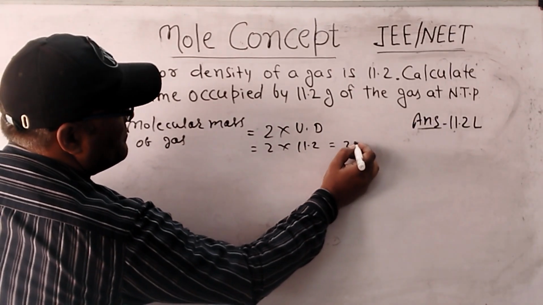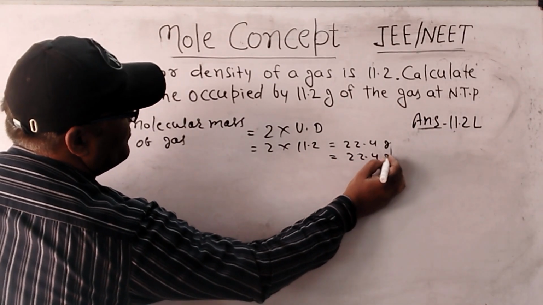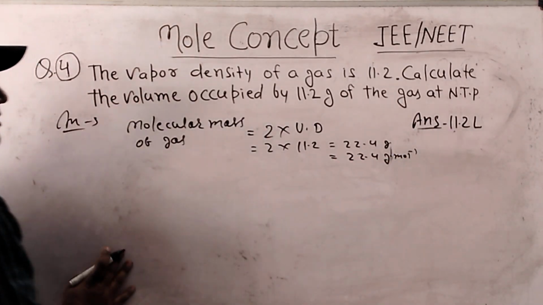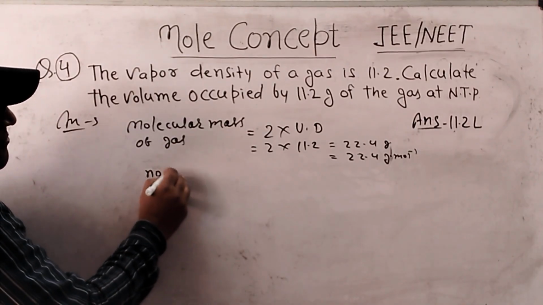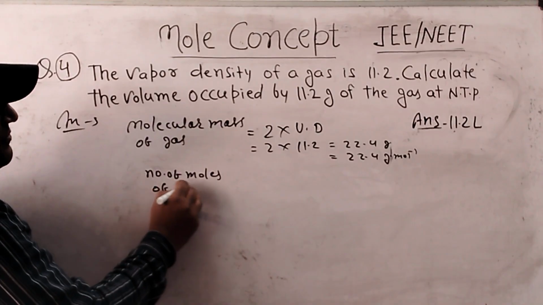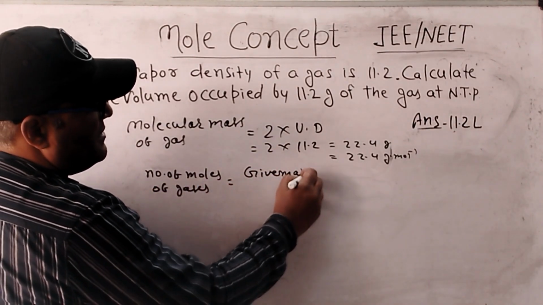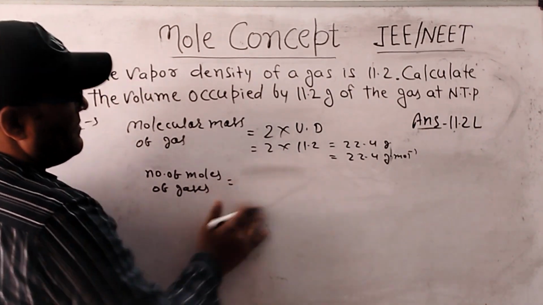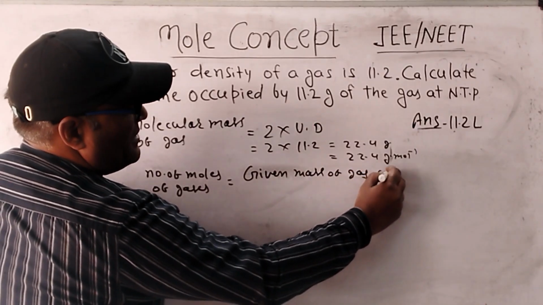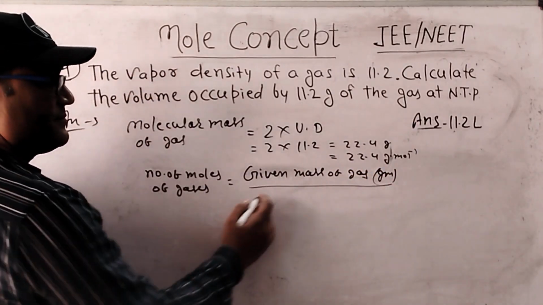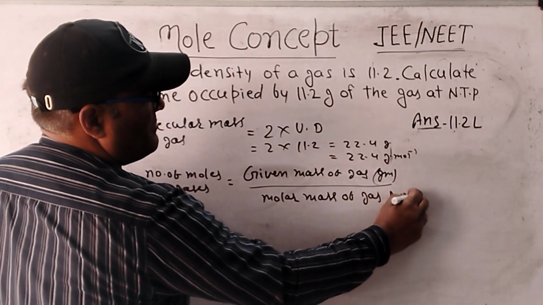Now 22.4 gram is the molecular mass and 22.4 gram per mole is the molar mass. Now here we can find easily the number of moles. Number of moles of gases is given mass of gas in gram divided by molar mass of gas in gram per mole.